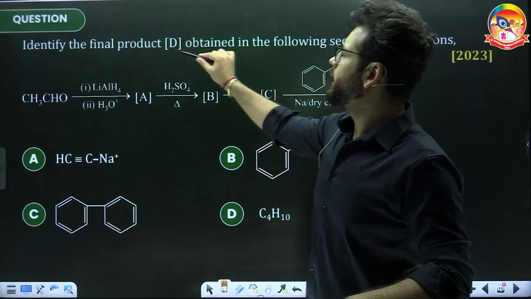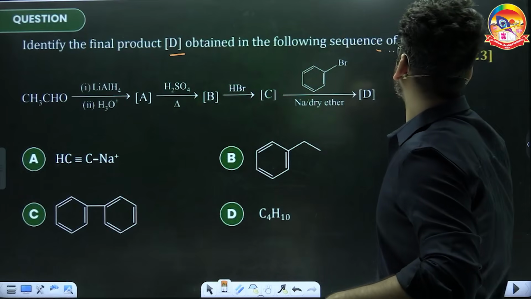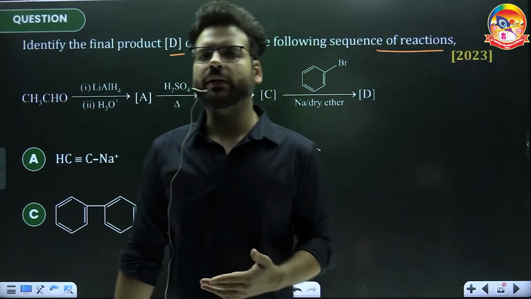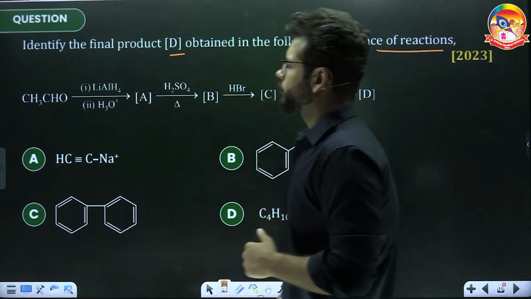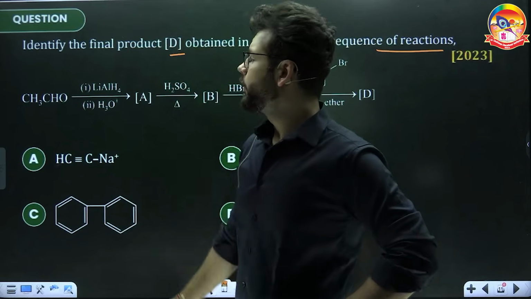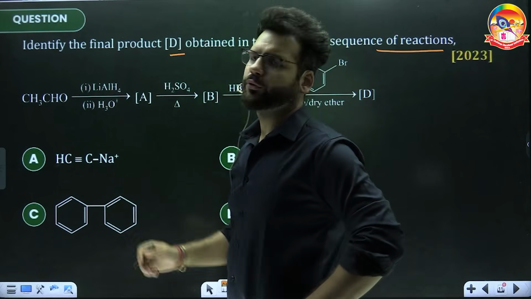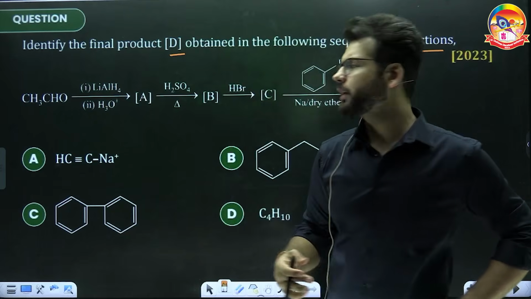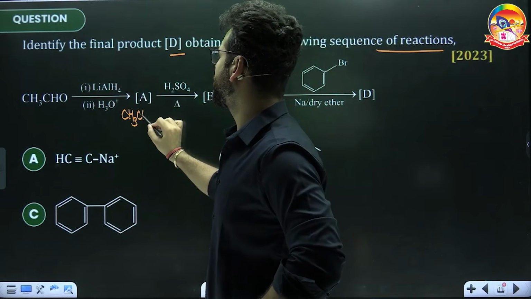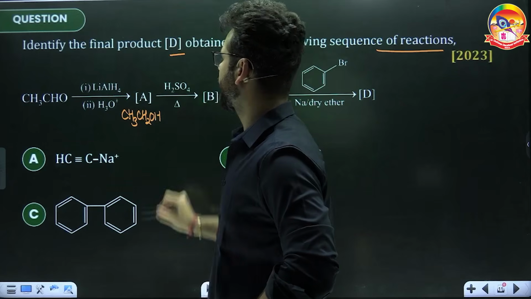Next one is: identify the final product D obtained from the following sequence of reactions. It's a very recent question as you can see. Let us find out. So we are starting with acetaldehyde and we are doing a reduction with LiAlH4. We know all the aldehydes give primary alcohol with LiAlH4, so we get ethanol, CH3CH2OH.